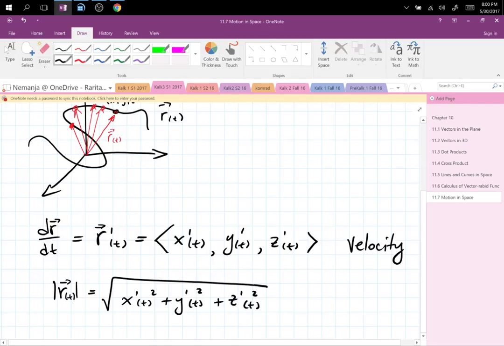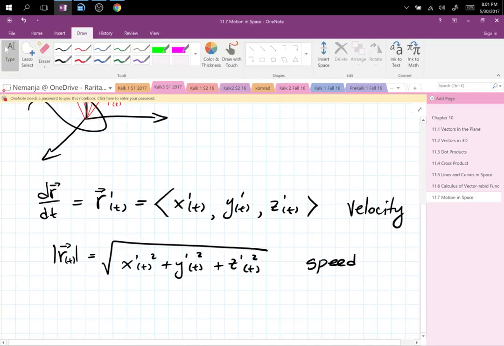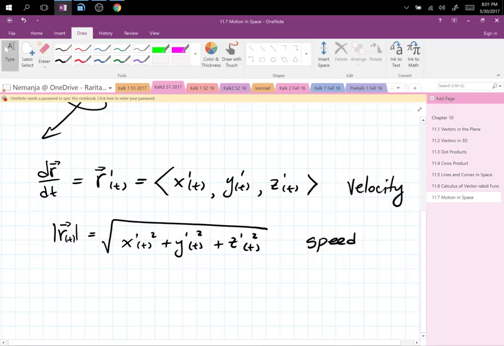And this is what? Thank you, all of the physicists in the classroom, it's speed. Speed is the magnitude of velocity without any of the direction. It's just a scalar quantity.